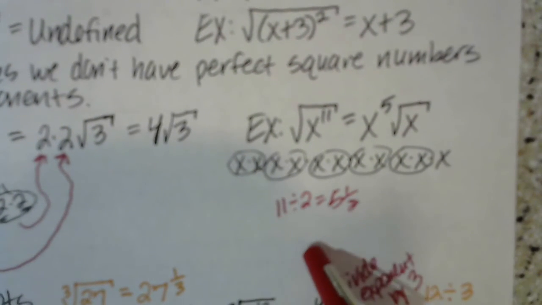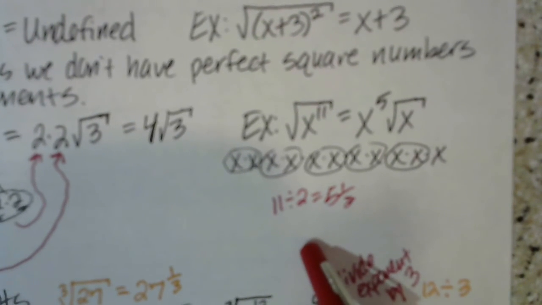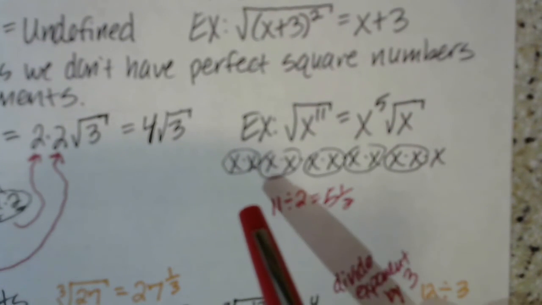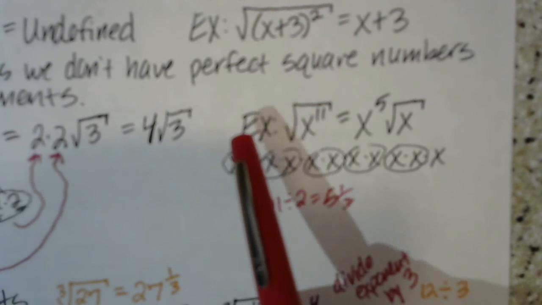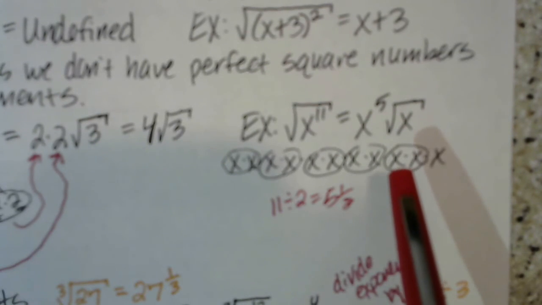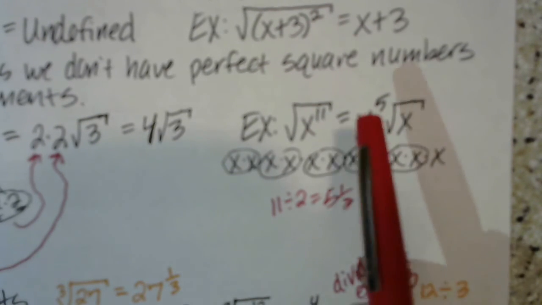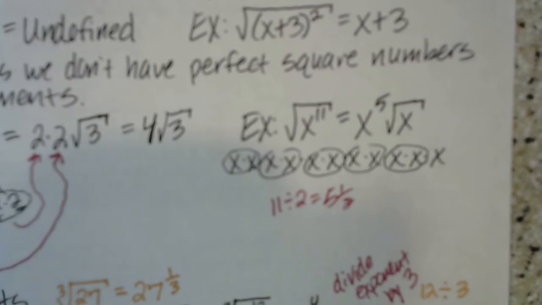Here, 11 divided by 2 is not even, so I know I'm going to have a radical in my answer. But 2 does go into 11 5 times. 1, 2, 3, 4, 5 pairs of 2. So that's why I can write x to the 5th on the outside. All right, so there's 1 left over.